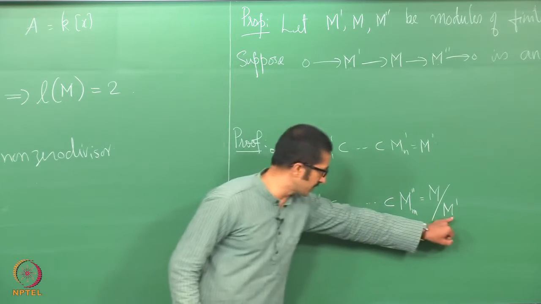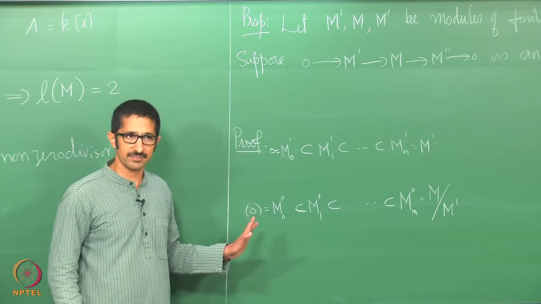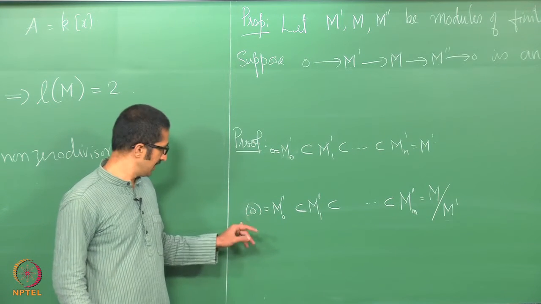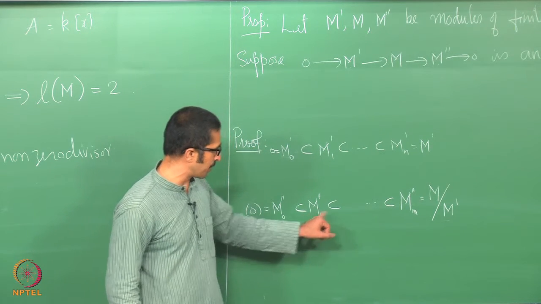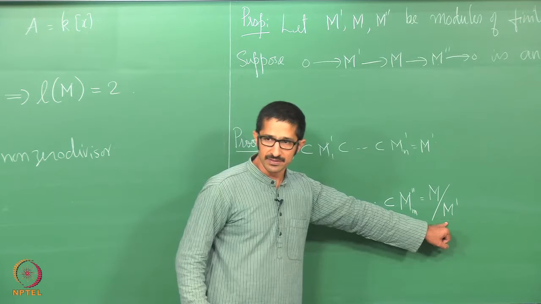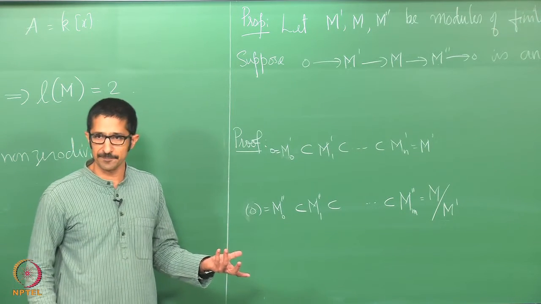What is meant by 0 here? M prime mod M prime. Now M1 double prime is a submodule of M mod M prime. How does any submodule of M mod M prime look like?